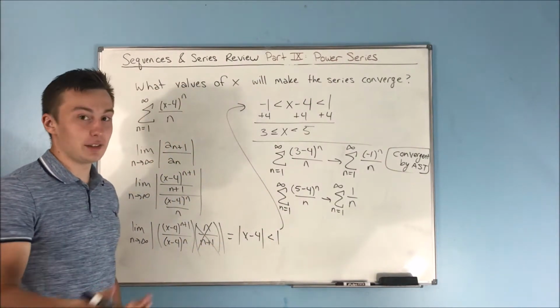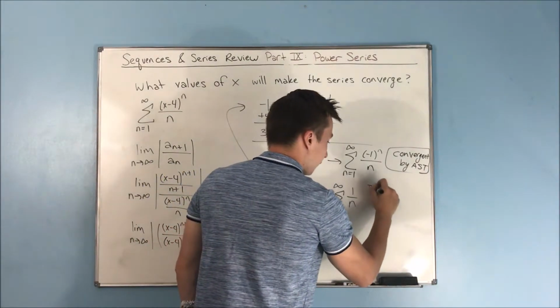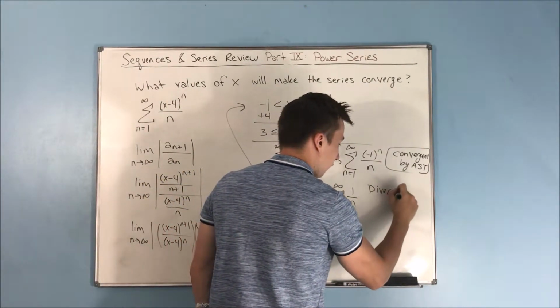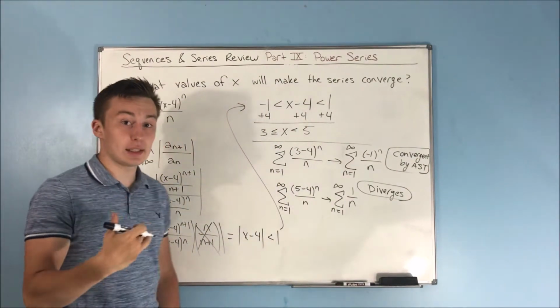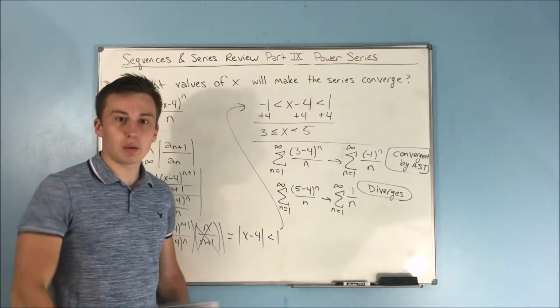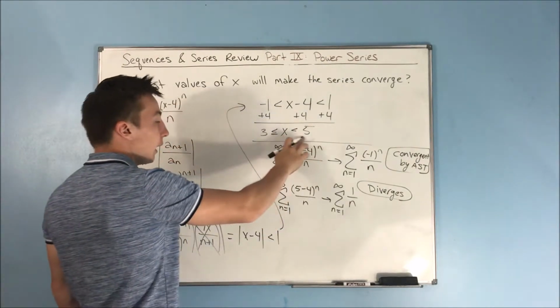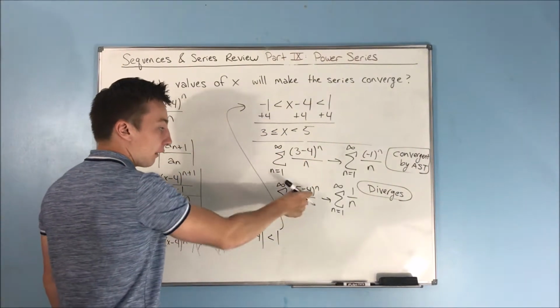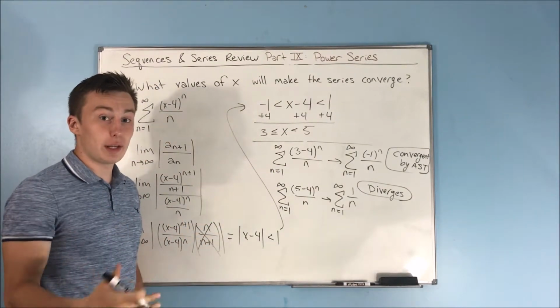It's not alternating, which sucks, but that's the harmonic series, and we know that diverges. That's a p series where p is less than or equal to 1. It's equal to 1 here, so that fits. Now, that means that that value of x, that 5 that we plugged in, is not going to make the series converge, so we're not going to include it in our answer.